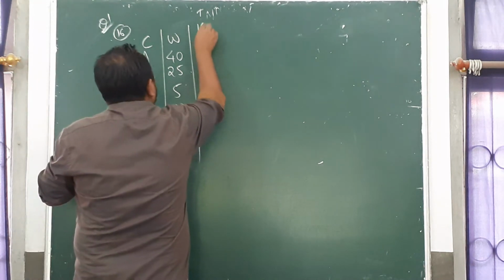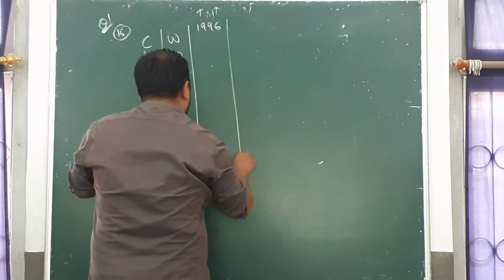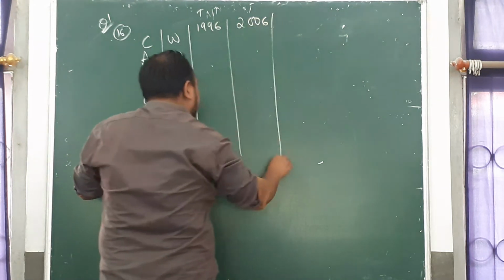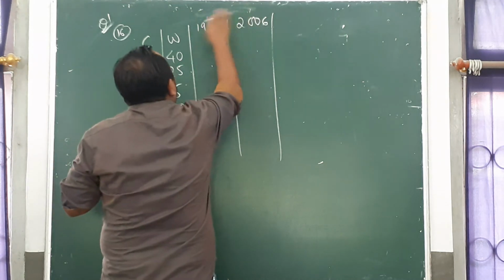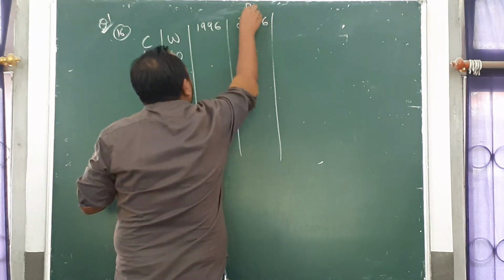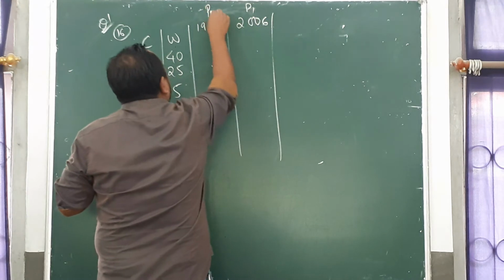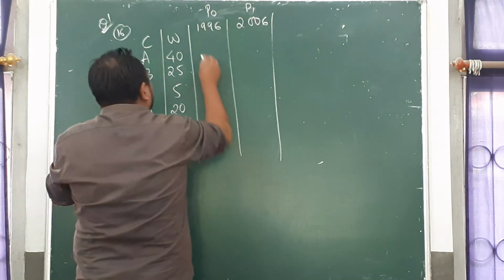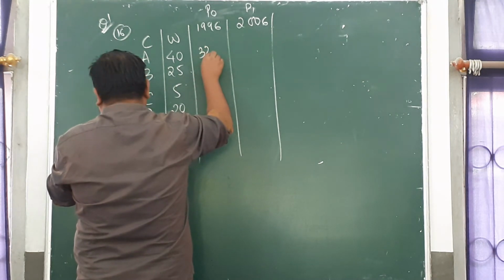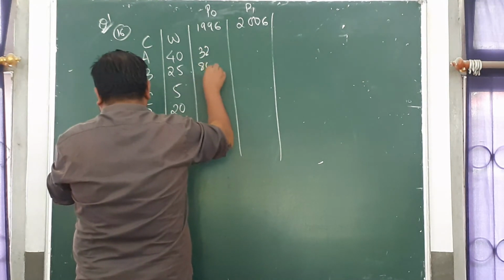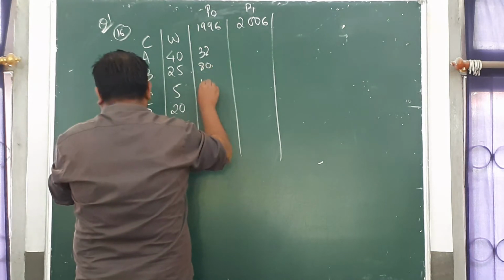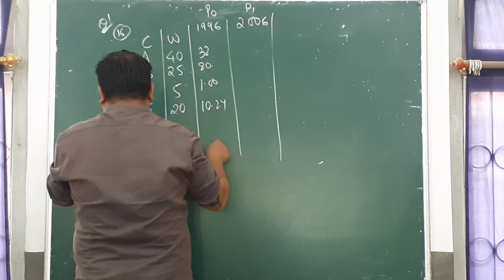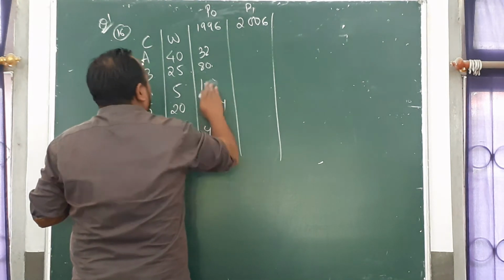2 years are given, one is 1996 and the other one is 2006. So which is the current year and which is the base year? Obviously 2006 is the latest, so this becomes P1, current year, and the other becomes the base year. So P1 and P0, this you have to write on your own. So this is 32, this is 80, this is 1.00, this is 10.24, this is 4, this is 1.